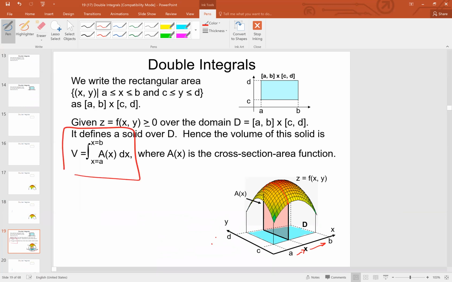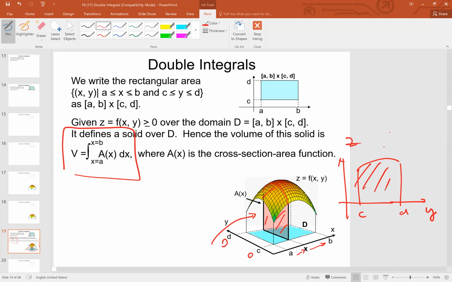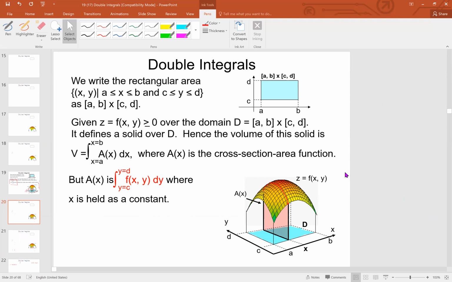But if I look at this A of x, this area goes from c to d along the y-axis, this is z, and so its area is equal to the integral from c to d of f of x, y.